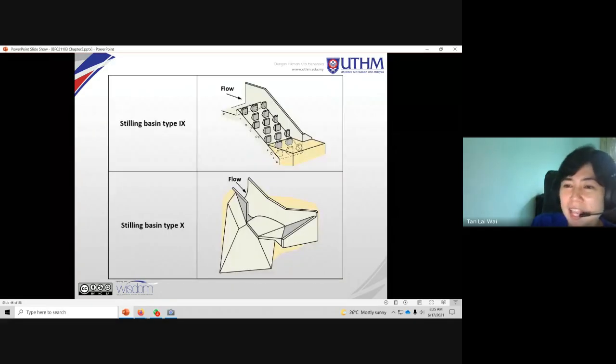The different designs cater for different needs. USBR actually has more types of stilling basin; I'm just showing you 10 types. You can find them when you Google it, available at the USBR website.